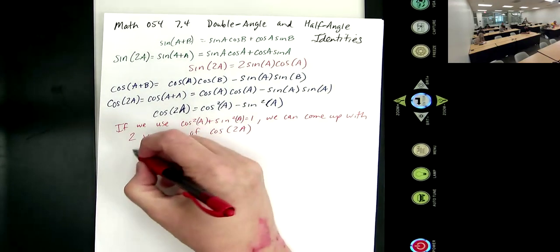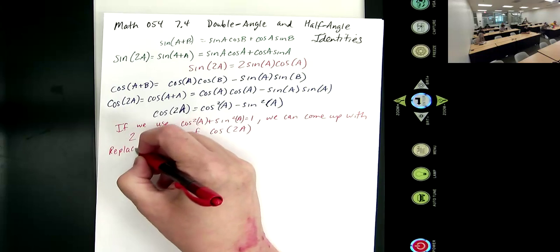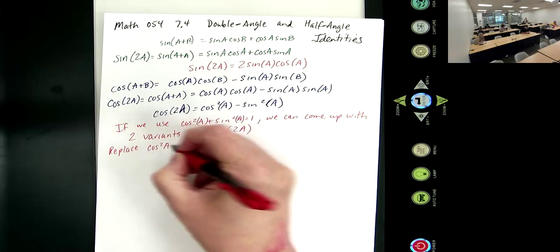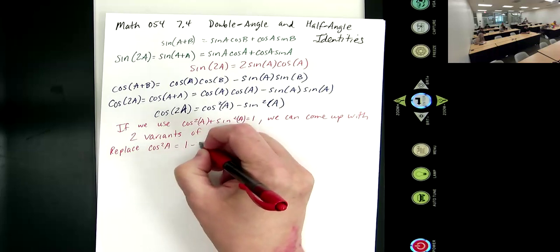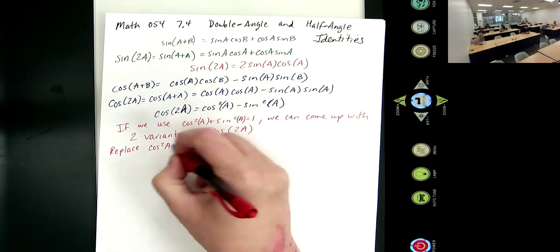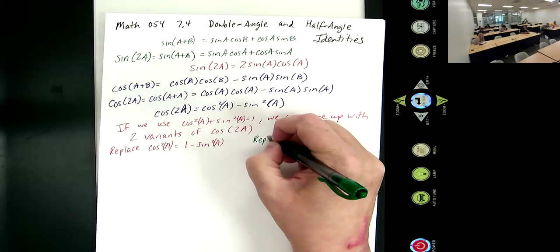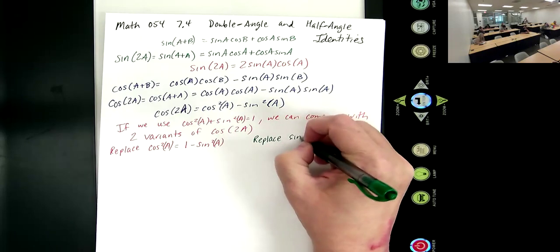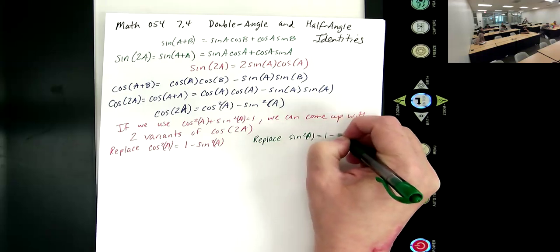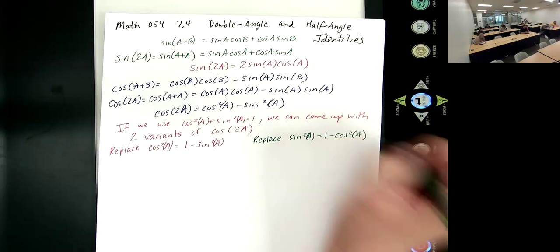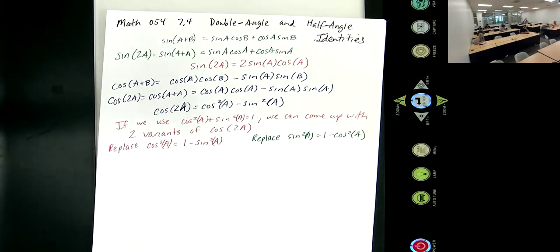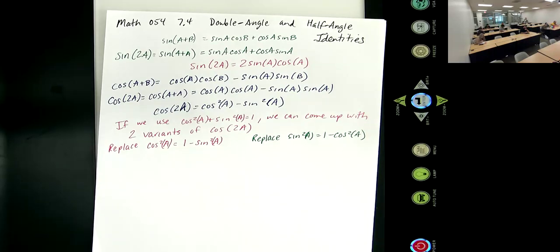And one of them, we will replace cosine squared a with 1 minus sine squared a. And the other, we will replace sine squared a with 1 minus cosine squared a. But you process that for a second, and we'll write it down.